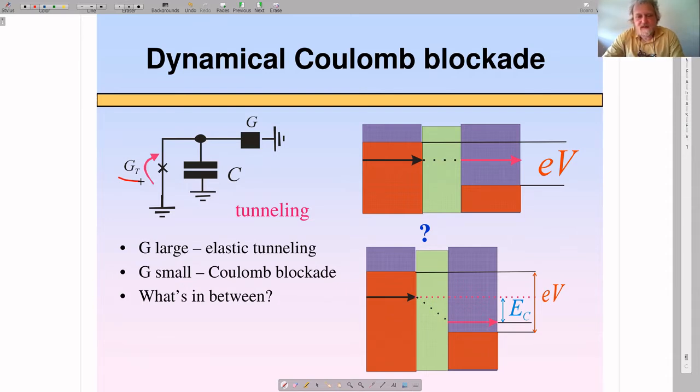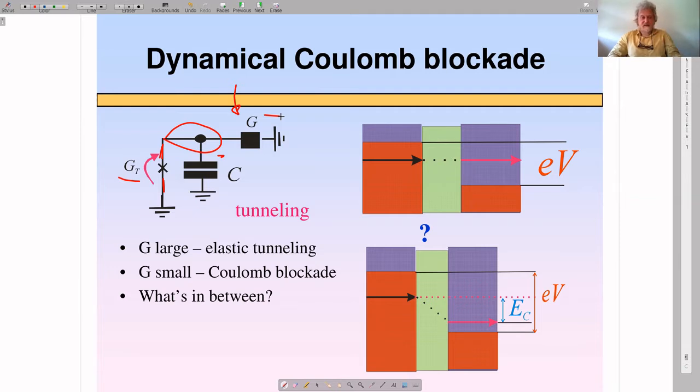We have a possibility of electron transfer between two leads. One lead is just as it is, another lead is arranged like this. There is a capacitance, and there is a connector which connects this piece of the lead to ground again.